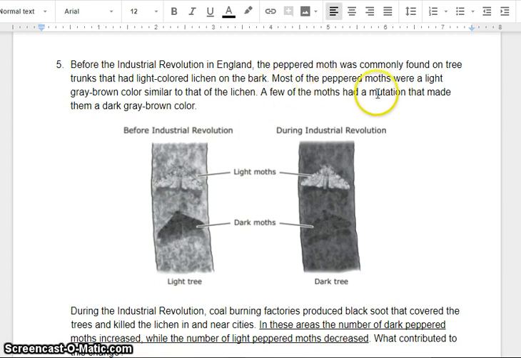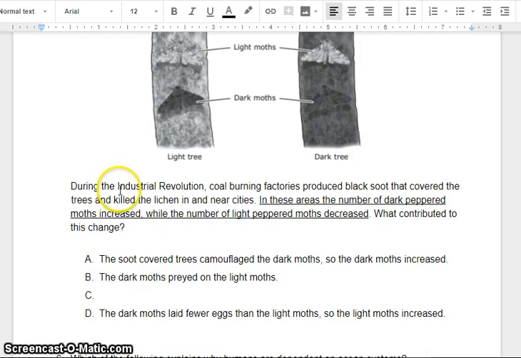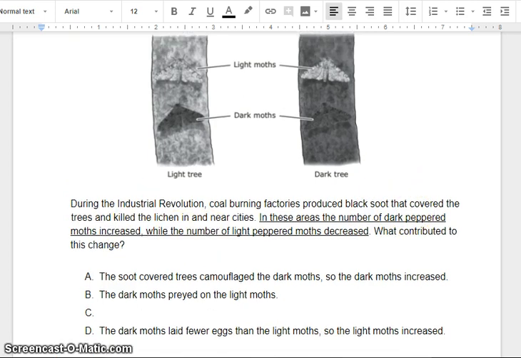A few of the moths had a mutation that made them dark gray-brown, so some of them look like this. During the Industrial Revolution, coal-burning factories produced black soot that covered the trees and killed the lichen in and near cities. In these areas, the number of dark peppered moths increased, while the number of light peppered moths decreased.